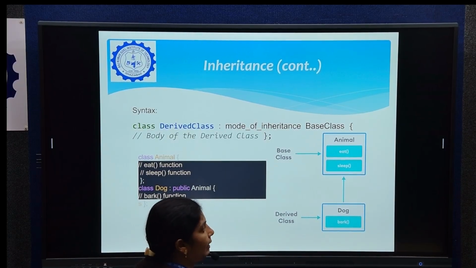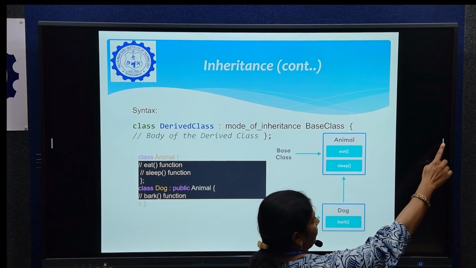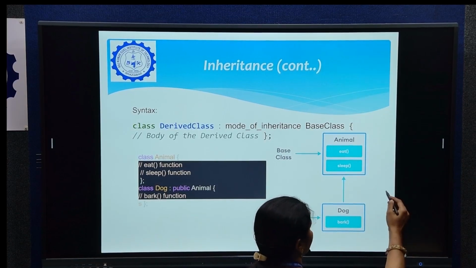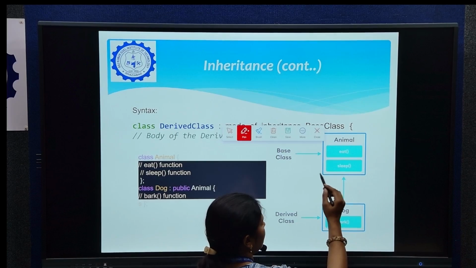It means it inherits these two functions.